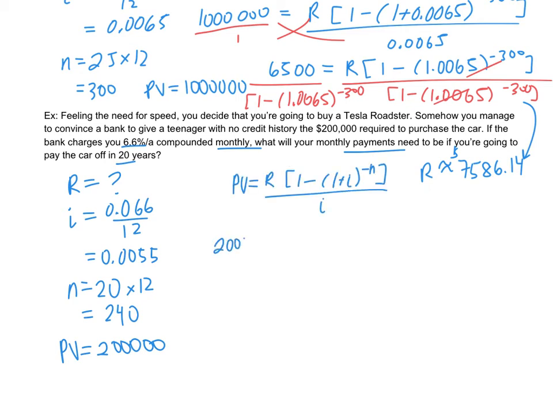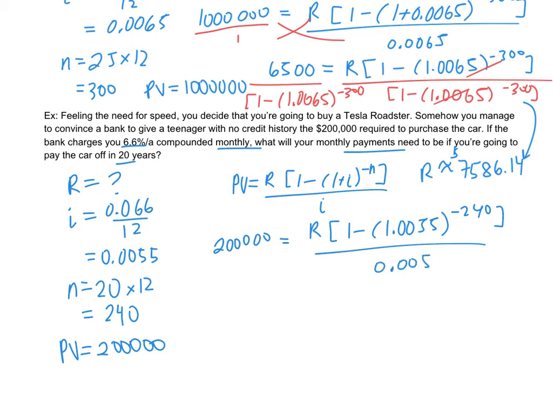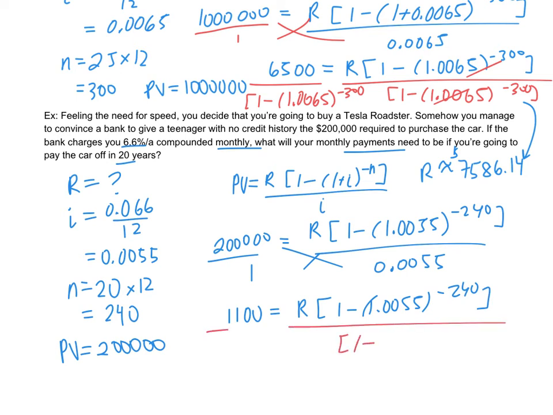All right, when we plug stuff in, 200,000 equals R times (1 minus 1.0055 to the power of negative 240) all over 0.0055. Now I'm going to cross multiply here to get 1,100. And then we have this giant bracket that we still have to get rid of. So that's going to be our next step. We're just going to divide it out.